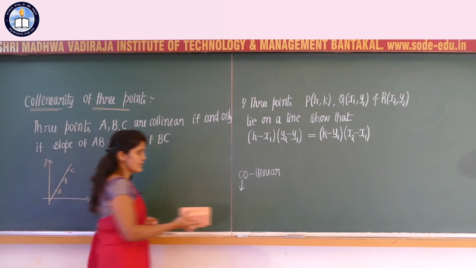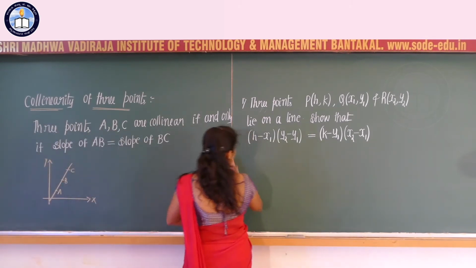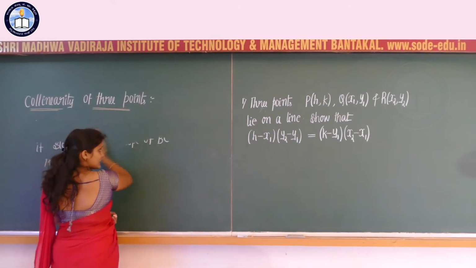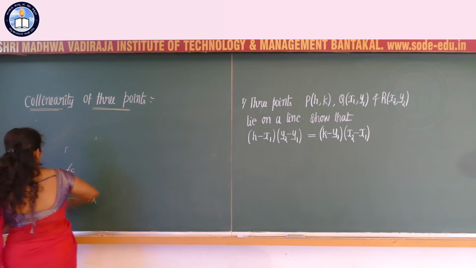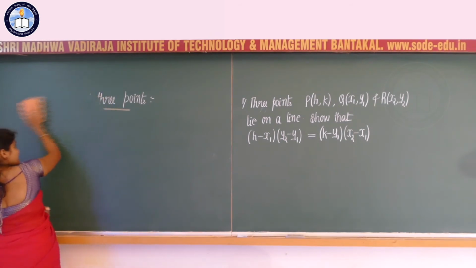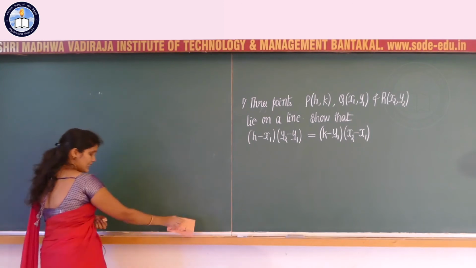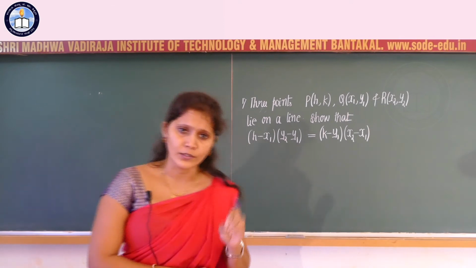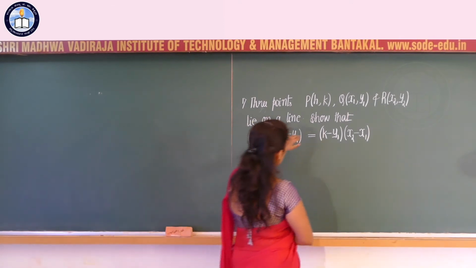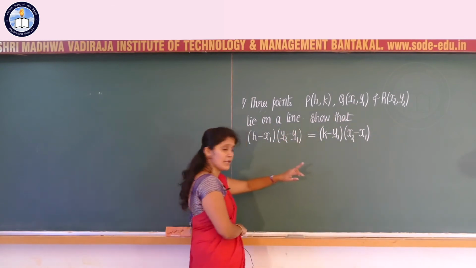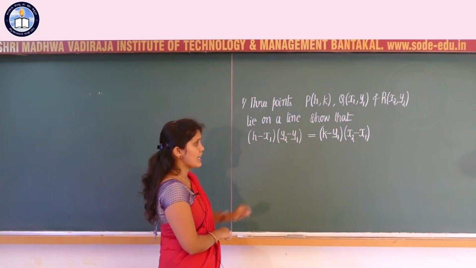So here it is given that the 3 points lie on the same line. What is meant by 3 points lie on the same line? If 3 points lie on the same line, then that implies that the points are collinear. So here the 3 points are P, Q and R, they lie on the same line, which implies they are collinear.